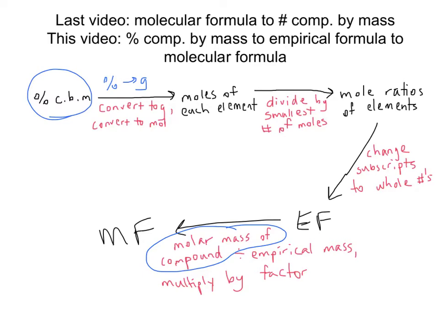And then when you take the molar mass of the compound that I give you, divide by the empirical mass, which comes from adding up all the molar masses of your empirical formula, then that will give you around a whole number. And then you take that whole number, you multiply the empirical formula by that number, and that will get you to the molecular formula. Now I know this sounds complicated, so let's do an example using this roadmap.